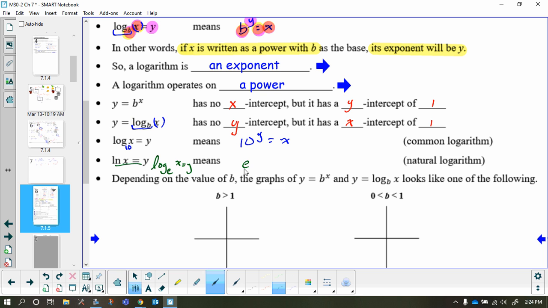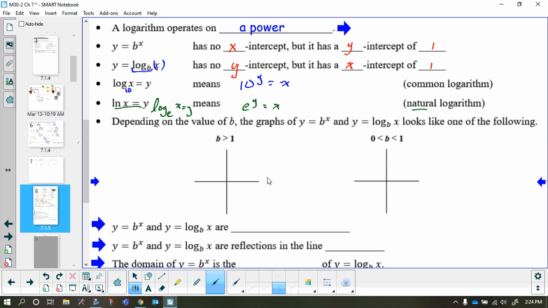Again, that means the base is e, a logarithm is an exponent, so the exponent is y, and all of this is equal to the power that the logarithm is operating on, which is the x. We call this a natural logarithm. So what e is to logarithm and exponential functions, it's kind of like pi to circles and geometry. It's just a constant that has all sorts of useful applications.